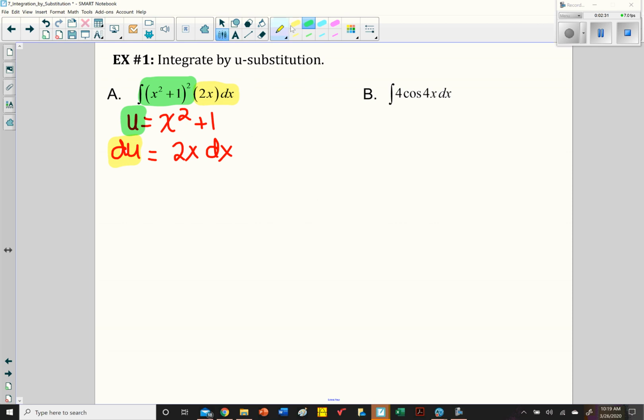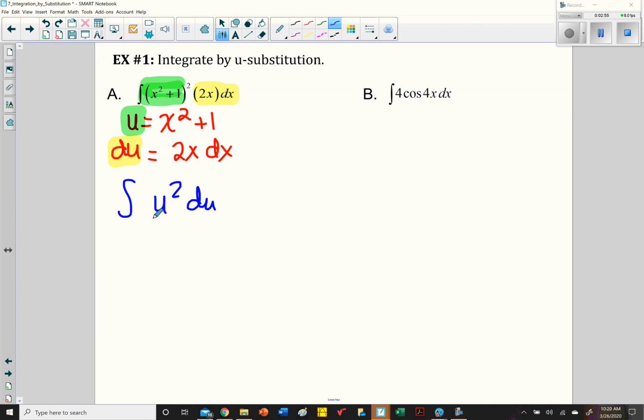So there's U-substitution, which gives us the antiderivative. Whoop, let's go to blue. This gives us the antiderivative of u squared du. And I guess really I need to kind of erase this because that's not part of my u.